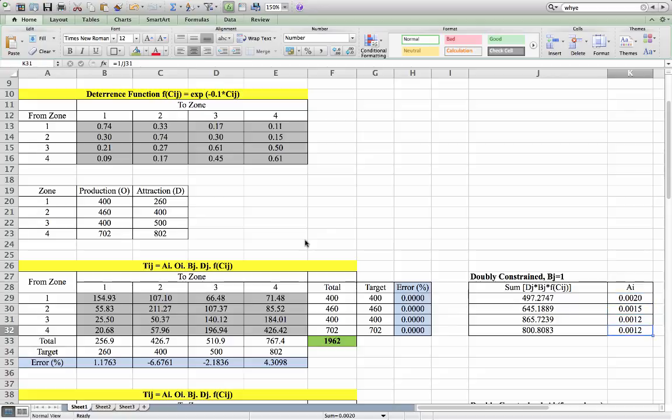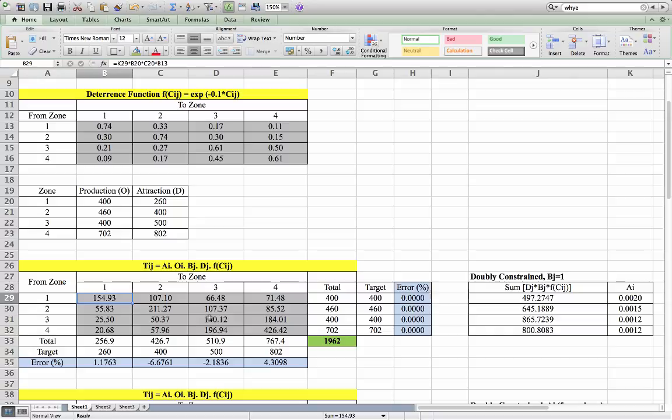After we have all the Ais for each originating zone, we can now calculate this Tij, where, for example, for this cell, it would be Ai, which is 0.002, multiplied by Oi, which is 400, multiplied by Bj, which is assumed to be 1, multiplied by Dj, which is 260, multiplied by f(Cij) from the deterrence function matrix, which is 0.74. So we get this cell value here.